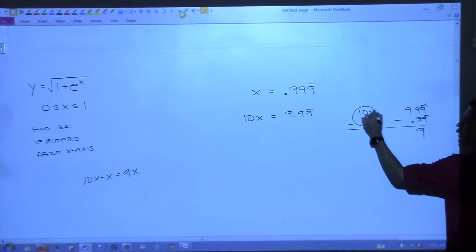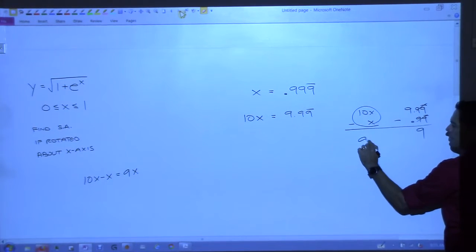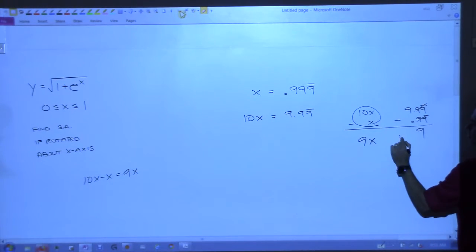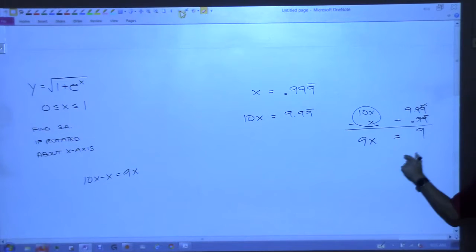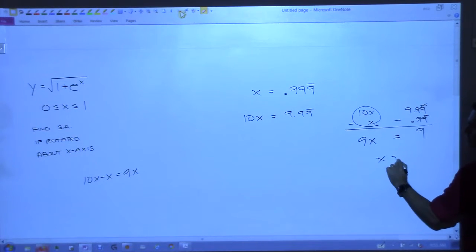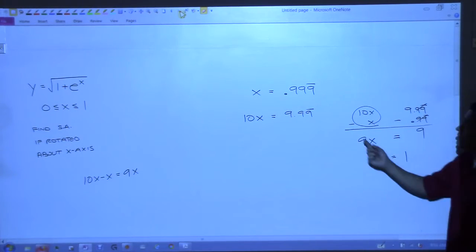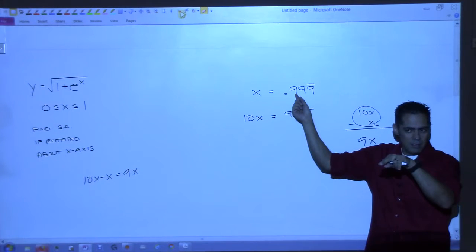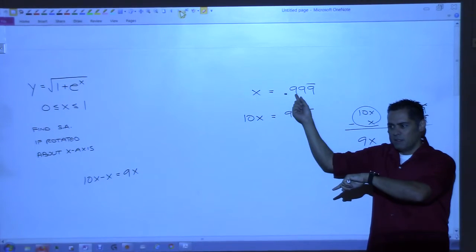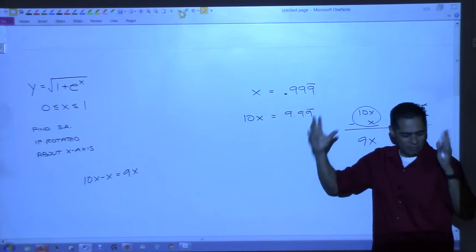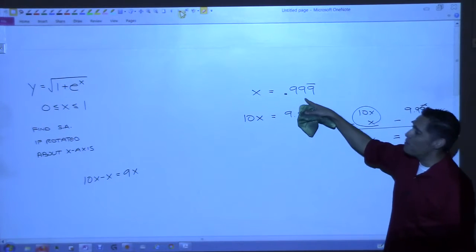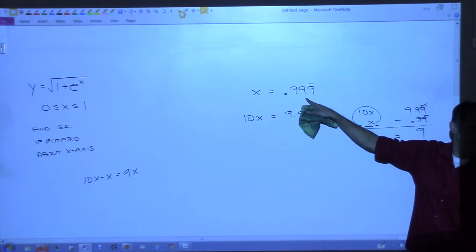So 10x minus x algebraically is 9x. But that would have to equal 9, which means x would have to be 1. So it turns out 0.999 forever is actually the number 1. That's not the number right next to 1. That is 1. Does that bother you?